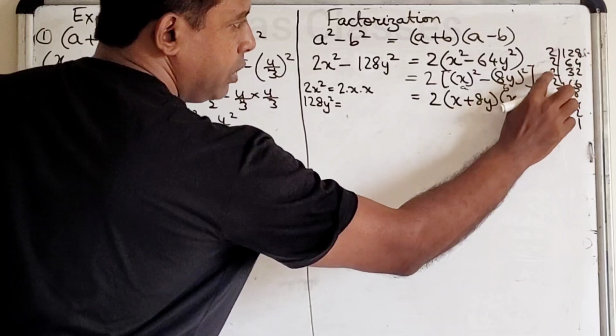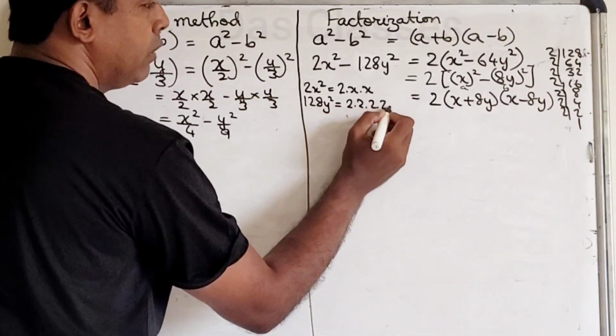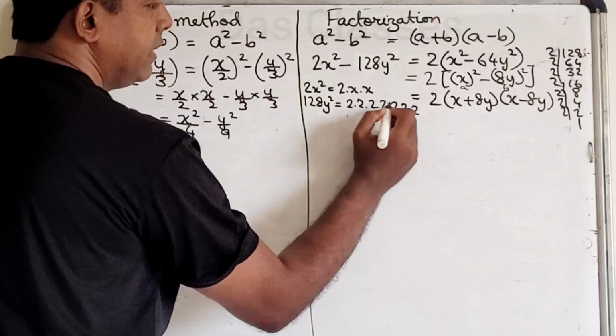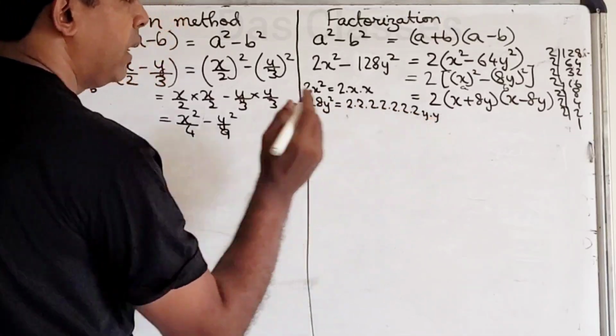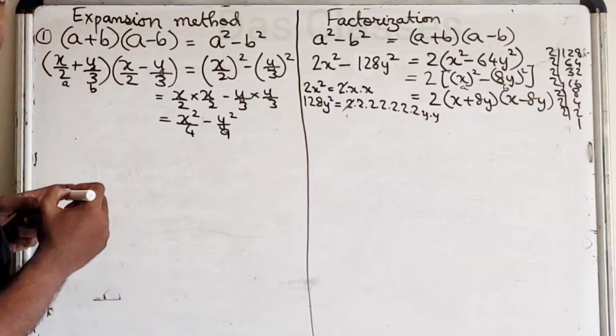So there are seven 2s, and y square means y into y. So see, what is common is 2.